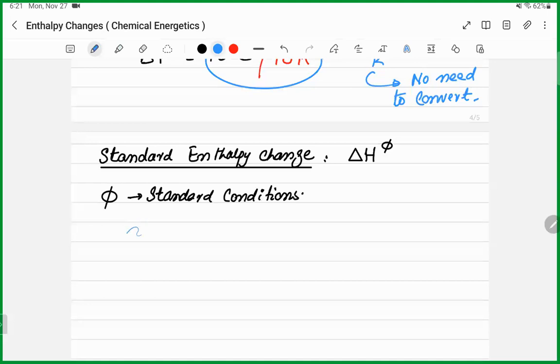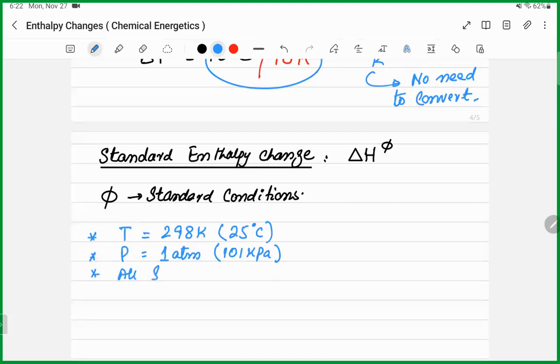There are three standard conditions, and you all know them: temperature 298 Kelvin, which is 25 degrees Celsius; pressure 1 atm, atmospheric pressure, which is 101 kilopascal; and the third and very important point, all substances must be in their standard physical state. Means if you have carbon, it must be in solid form.